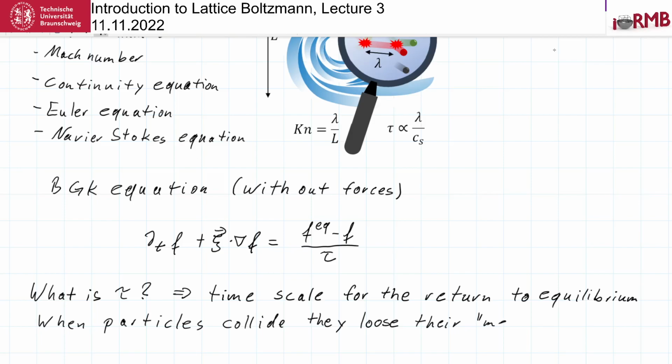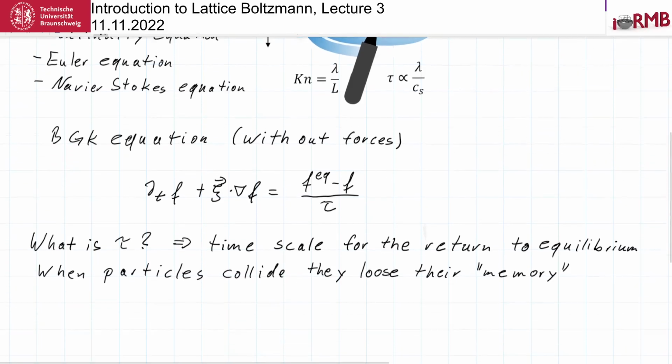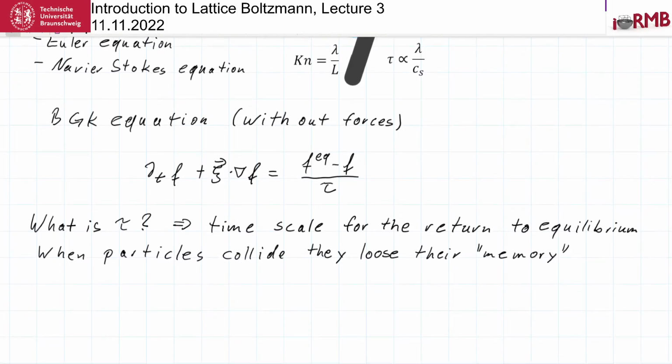Memory means we can no longer tell from their outgoing direction what their ingoing direction was, except of course for the energy and the momentum that particles in this area would usually have. So there would be an offset, but otherwise this distribution is drawn from the equilibrium.